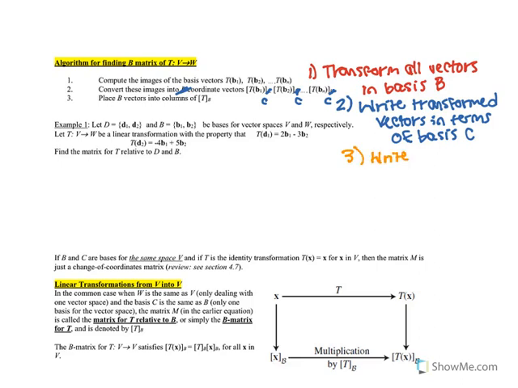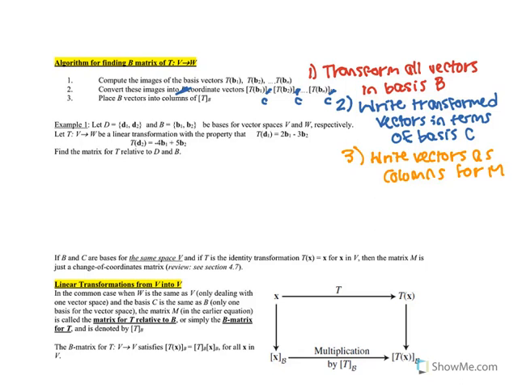Write vectors as columns for M. And that's it. So first, we basically do the transformation with the basis vectors, make the change of basis ourselves with those basis vectors, and those end up being our columns for that transformation matrix that will take all coordinates through the transformation and change the basis at the same time.